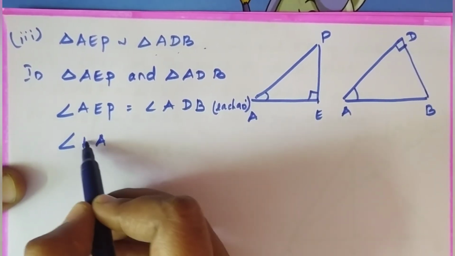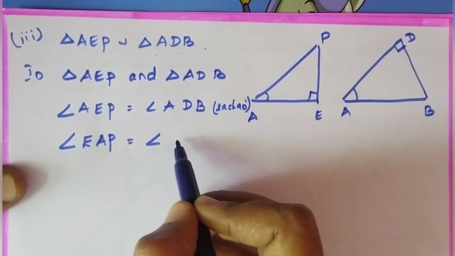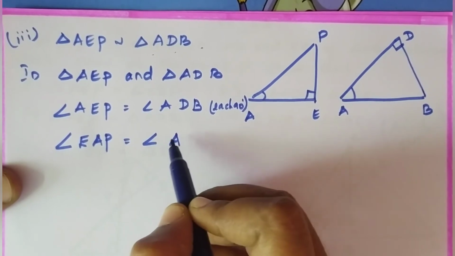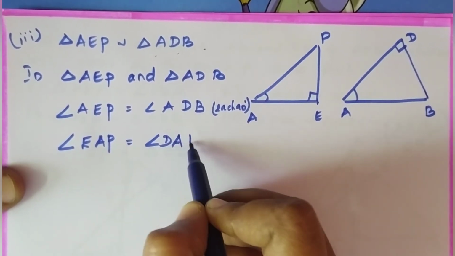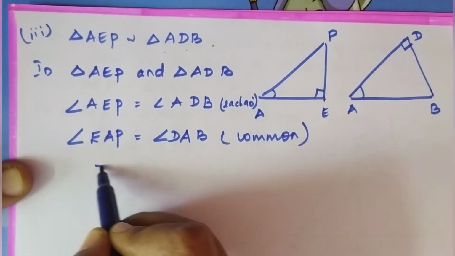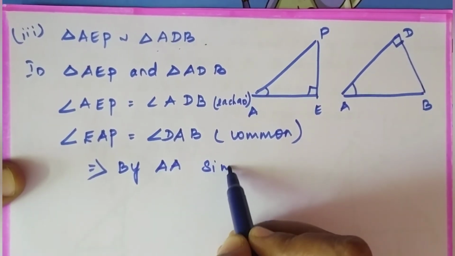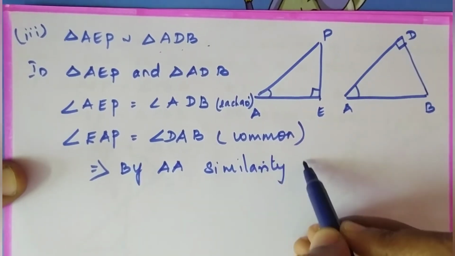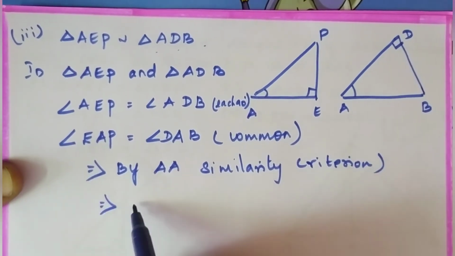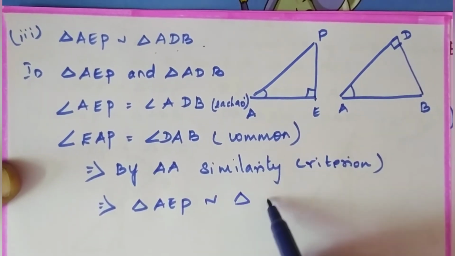Remaining is E, P, and here A in between, D, B. This is common. So by AAA similarity criterion, I can conclude that the triangle AEP is similar to the triangle ADB.